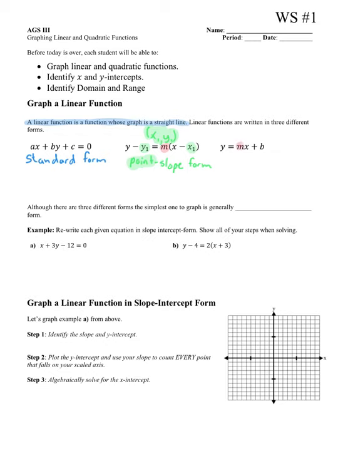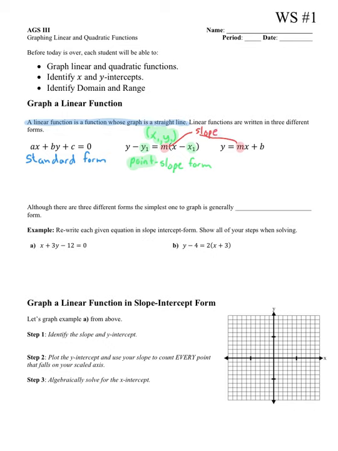Does anyone remember what the m stands for in these linear functions? It's in both of these last two equations. The growth, yeah. So it's specifically the growth, the change, the rate of change, and we also call it the slope. I'm going to use the word slope here, but growth is the right idea.